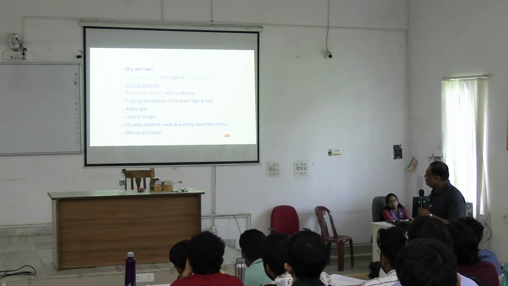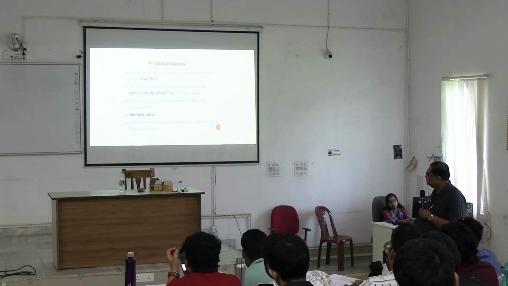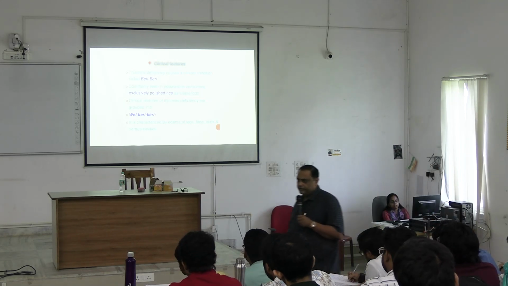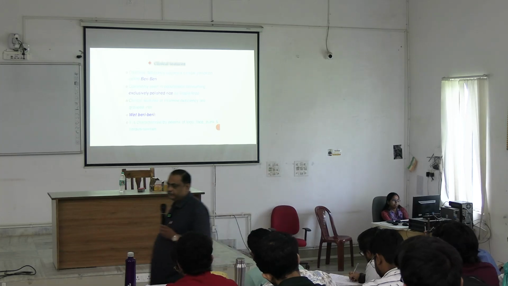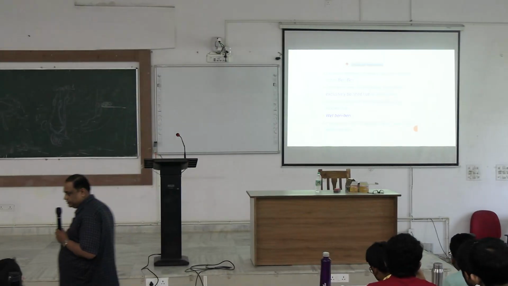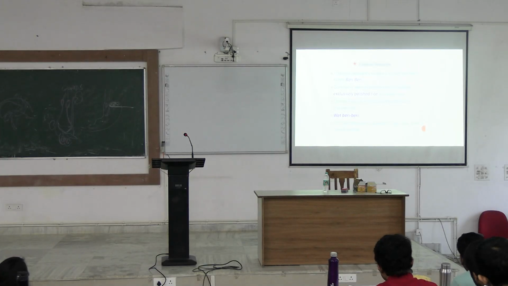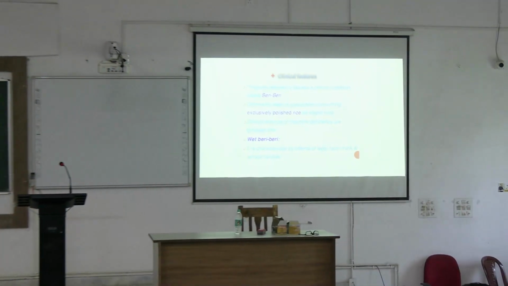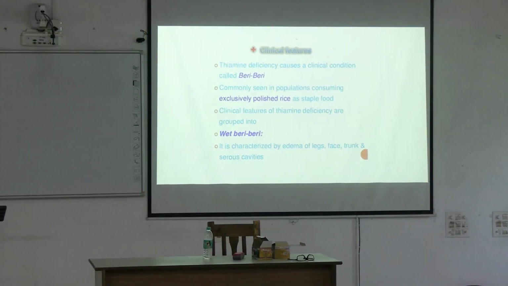Now we come to this one. Deficiency manifestation of thiamine: beriberi. Three types of beriberi: wet beriberi, dry beriberi, and infantile beriberi. And remember, wet beriberi, death is due to CVS failure, cardiovascular system.